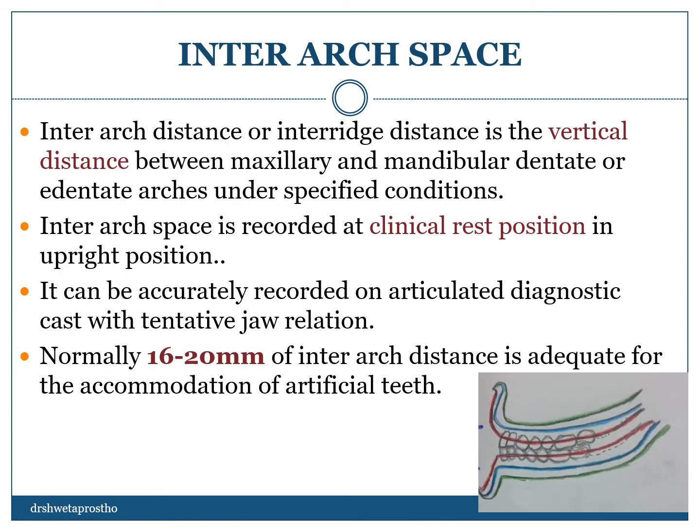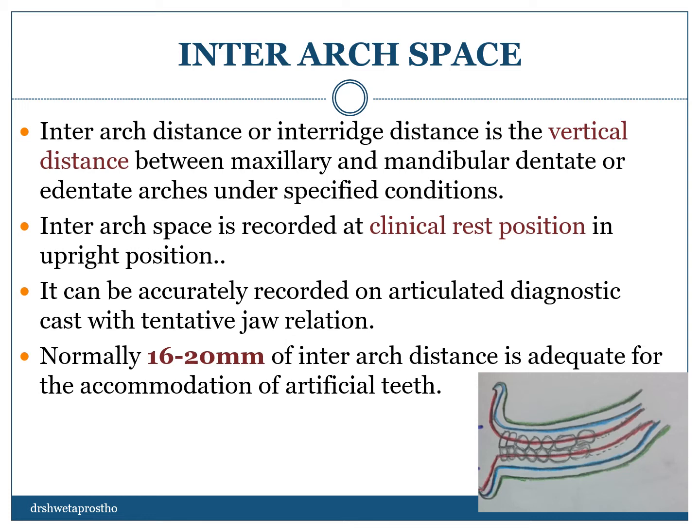Interarch space, or interridge distance, is the vertical distance between the maxillary and the mandibular arches. As we can see in the image, the space helps in the teeth arrangement. It is recorded at clinical rest position in the upright position, but it can be accurately recorded on the articulated diagnostic cast, that is with the tentative jaw relations.